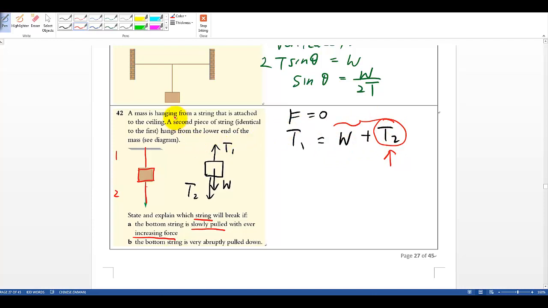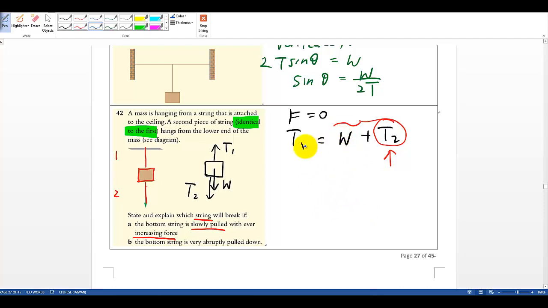Since the question says the strings are identical, both strings will have the same limit. I don't know what it is, but it could be, say, 100 Newtons, for example. Whenever it reaches 100 Newtons, that string will break.